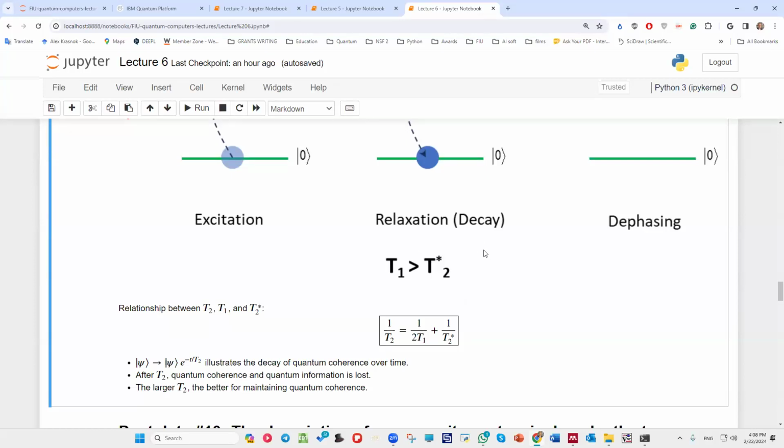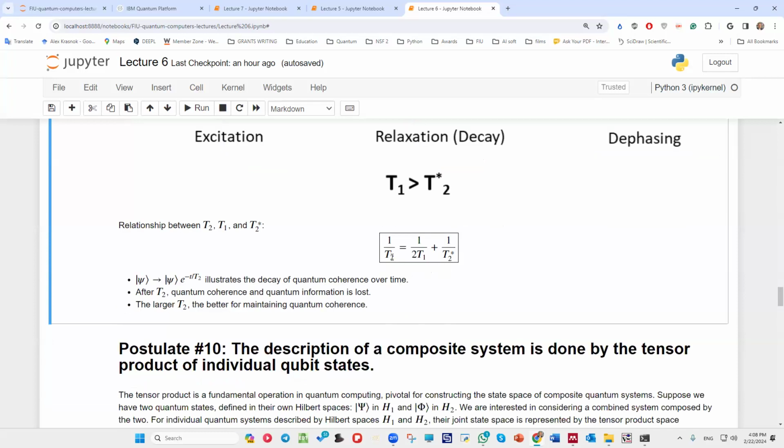And if you take into account this pure dephasing and relaxation, we can write the formula for the actual dephasing, which takes into account both relaxation and pure dephasing. So here is the formula. As you can see, this total dephasing time depends on the decay time and pure dephasing time.